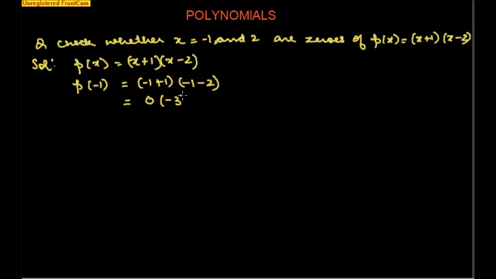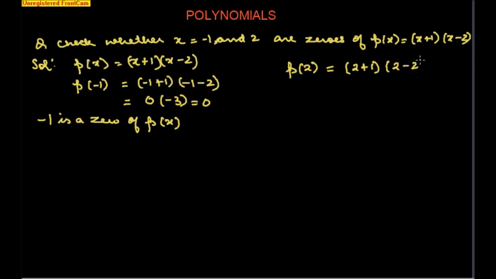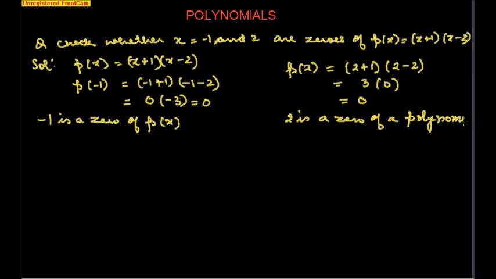You get 0 into minus 3, which is equal to 0, which shows that minus 1 is a zero of p(x). Now I take x to be 2. When I put 2, I get (2 plus 1)(2 minus 2), which is 3 into 0, equal to 0. So 2 is a zero of the polynomial. Both the numbers given to us are zeros of the given polynomial.